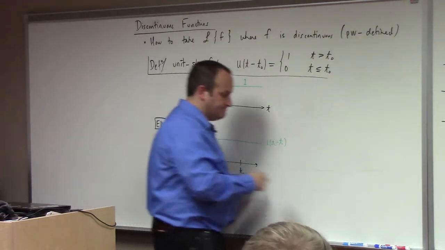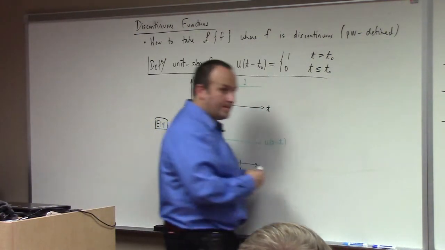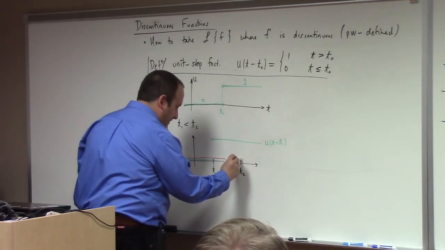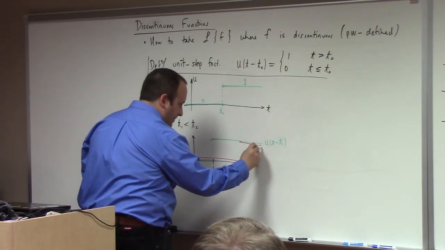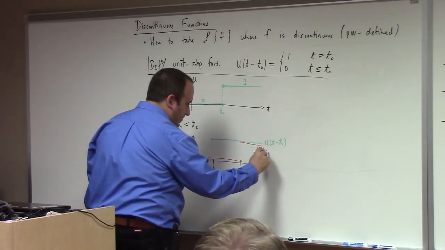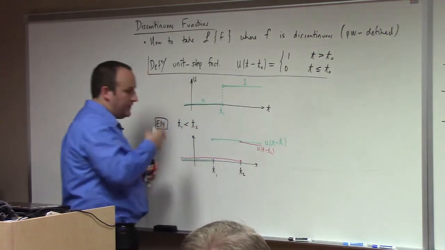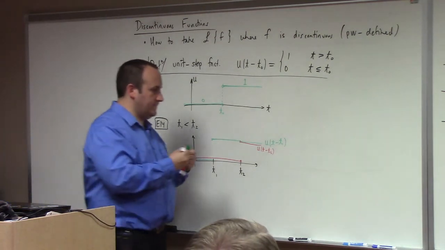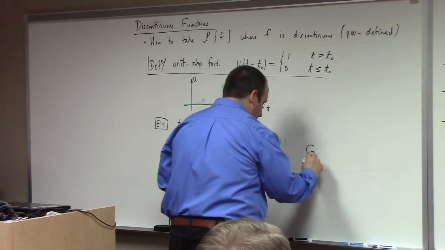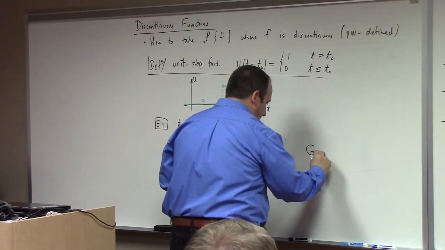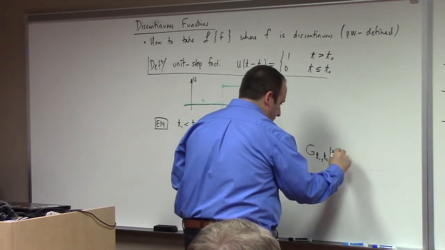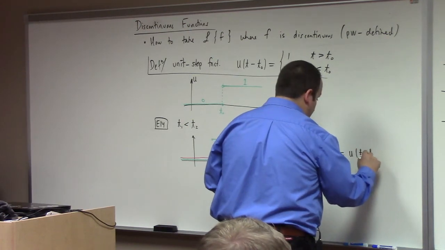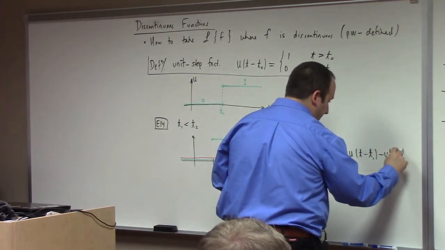I'll do that in red. U of t minus T2 is in red. What if we define g sub T1, T2 of t as equal to u of t minus T1 minus u of t minus T2?